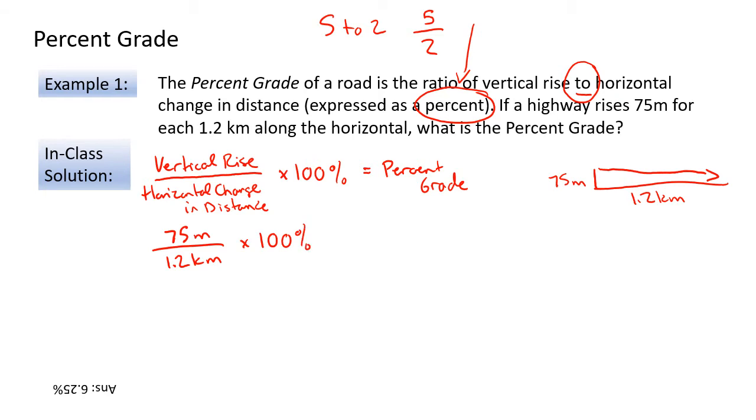Now, what you notice here is the units are not the same. Meters and kilometers are not the same measure of distance. So if we left it like this, we wouldn't be showing our answer as a percentage, right? Because we would have to keep meters and kilometers in this. We wouldn't just have percentage.